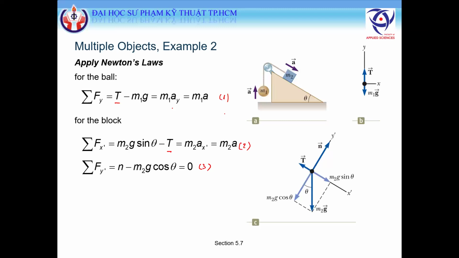If you add the two equations 1 and 2 side by side, you will get here minus m1g, here plus m2g sine theta, right? And minus T with plus T here will be cancelled. Then you have m1 plus m2 a, right? Is it easy?